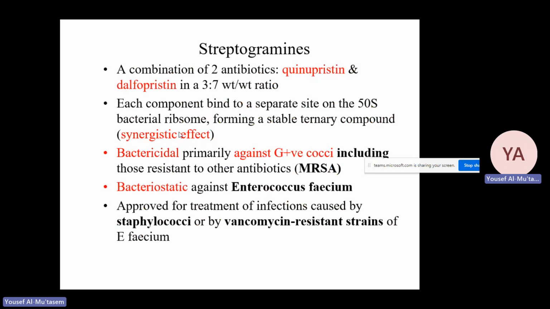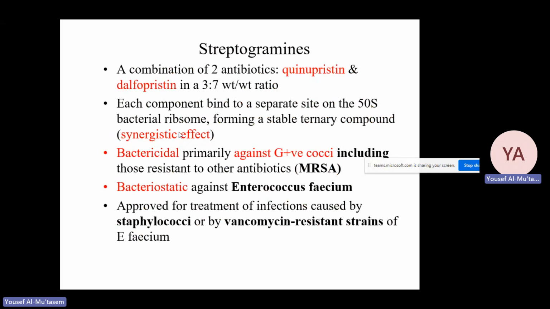For the streptogramins, we have two examples, quinupristin and dalfopristin, that always have to come in a ratio of 3 to 7 weight to weight. The combination of the two will cause synergistic activity. The main site of action is on the 50S part of the ribosomal complex.